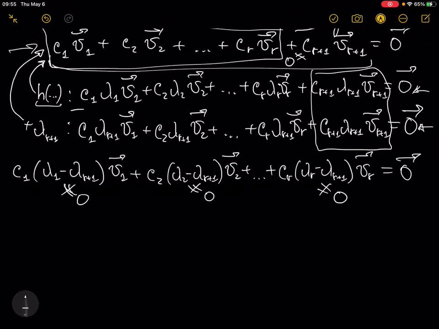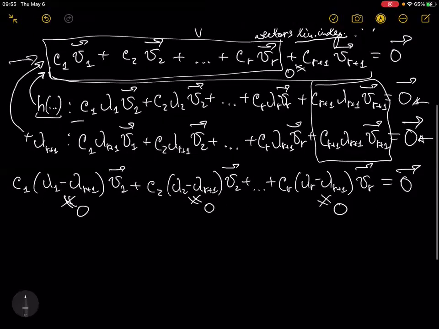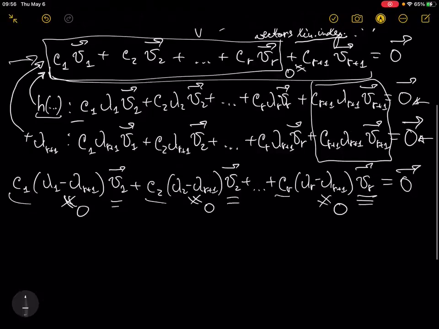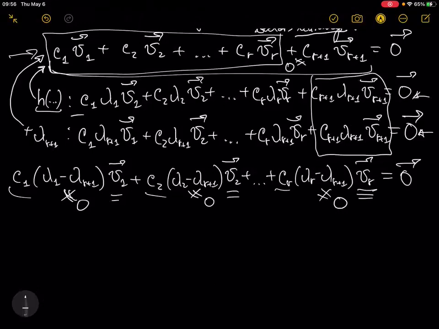But then it means that the only possibility for this to be equal to 0 is when all these are equal to 0, right? Because these vectors are linearly independent. We said that suppose that only our first R vectors are linearly independent, right? But then it means immediately that all these have to be 0, 0, 0, right?